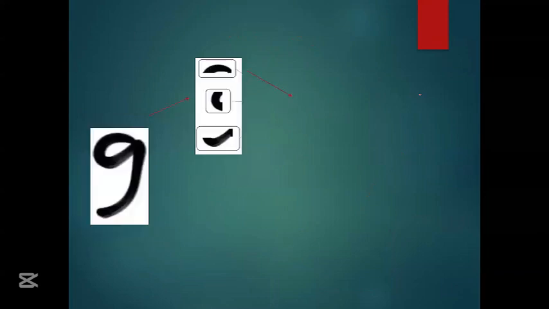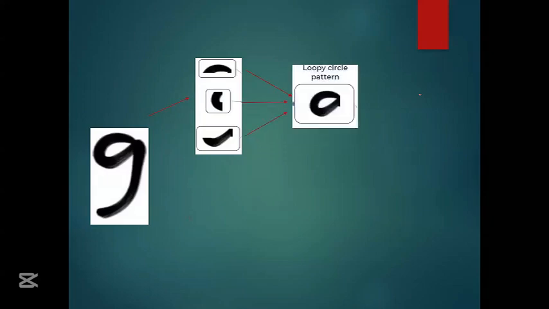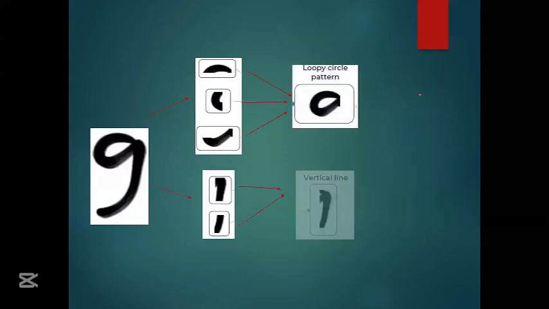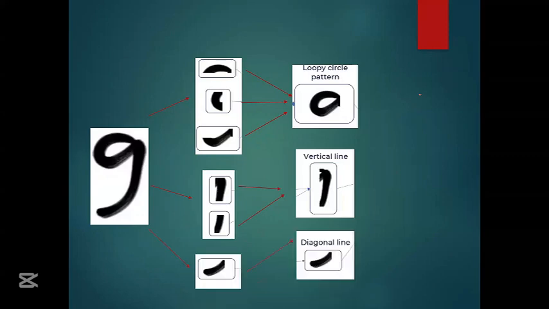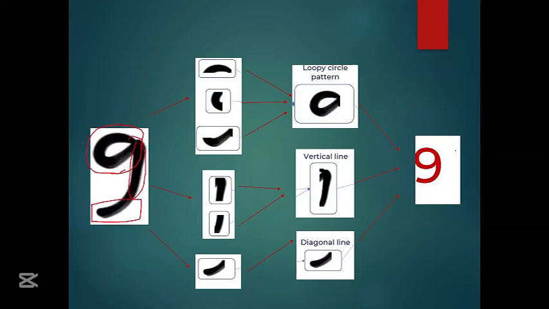Okay. So I put that image the same way to identify the patterns here as well. So how does the brain identify the 9? The upper part, then the middle part, then the latter part, right?